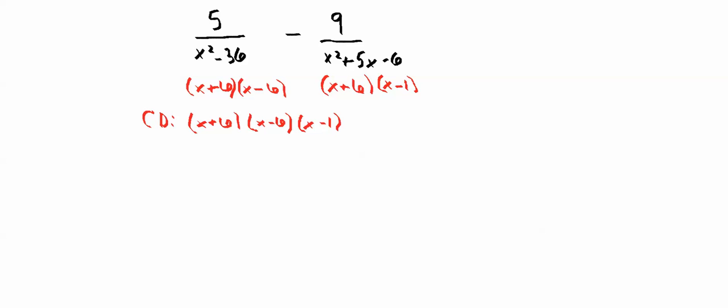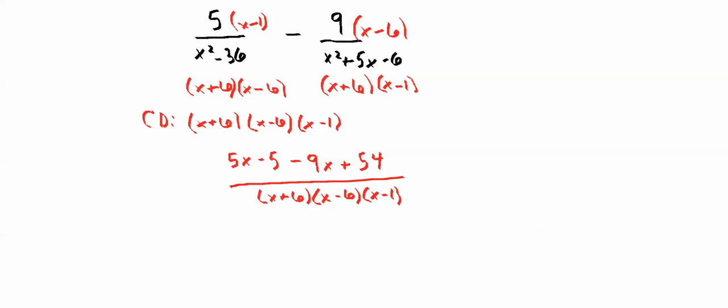So then we find our common denominator and we get x plus 6, x minus 6, and x minus 1, where we then multiply by what is missing, and for the 9, we know that x minus 6 is missing, and for the 5, the x minus 1.